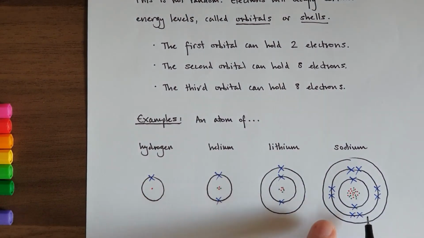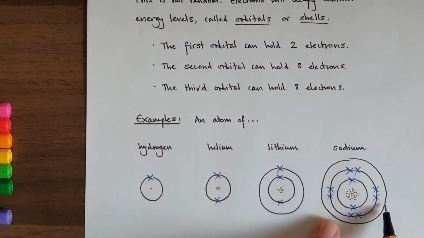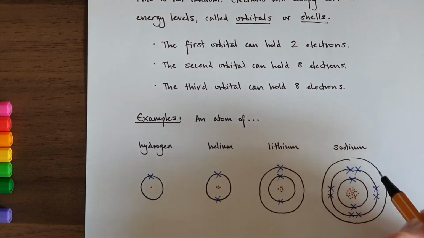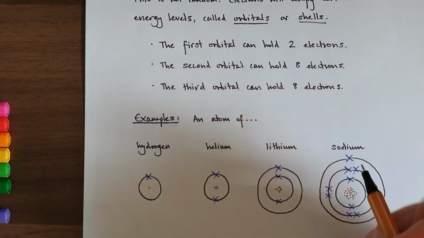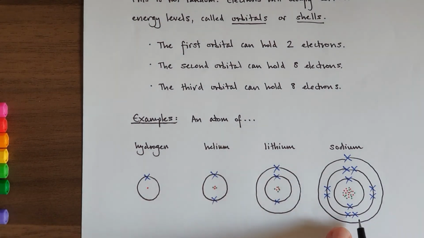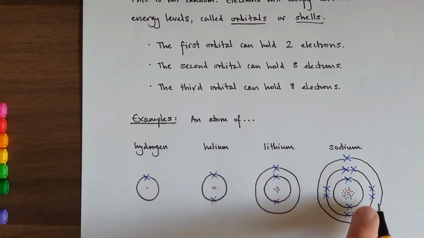The second can hold 8. Notice I've drawn them in pairs. And then the third, for that extra 11th electron, again, just like lithium, I'm going to add it to the top like that.